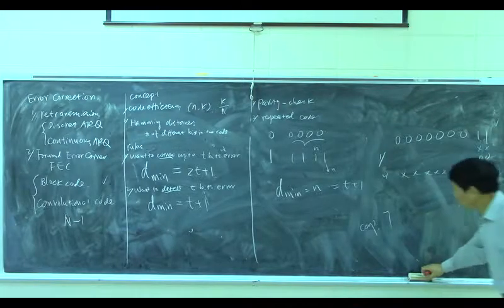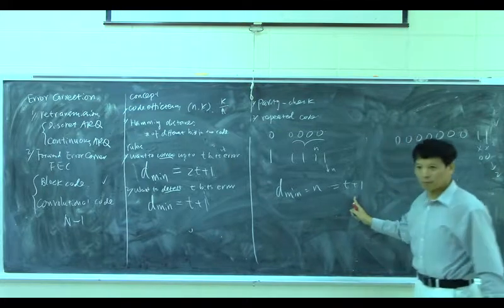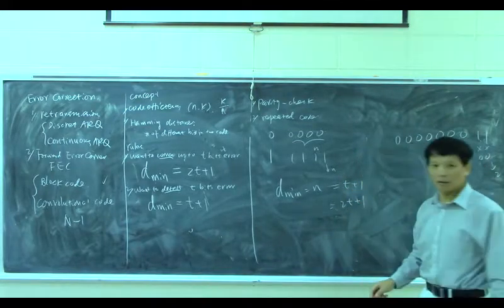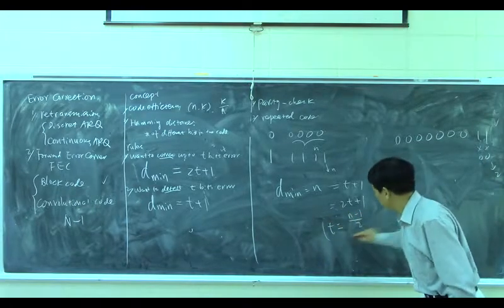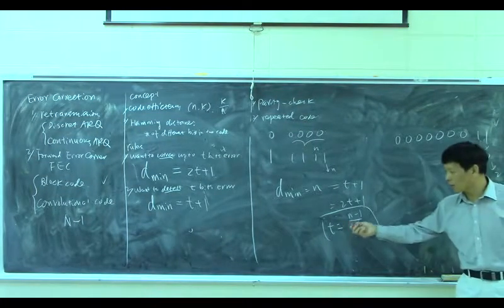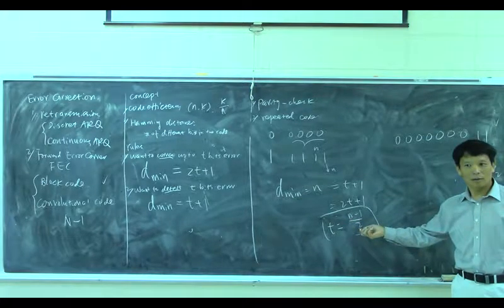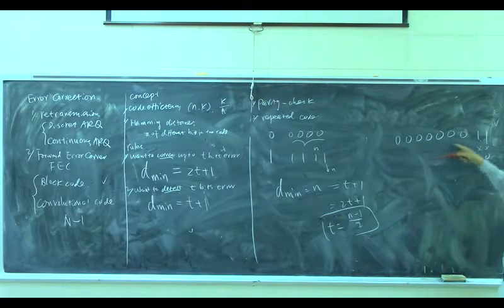Alright, so what is the capability for this one here? n equals 2t plus 1. So t will be equal to n minus 1 over 2. Does that make sense? So you can only correct n minus 1 over 2 bits of error. In this example, we have only 9, right?